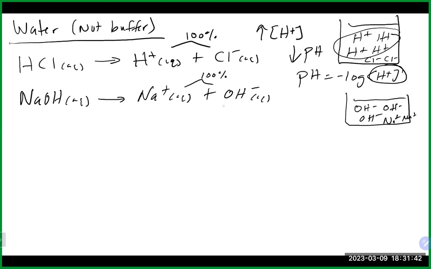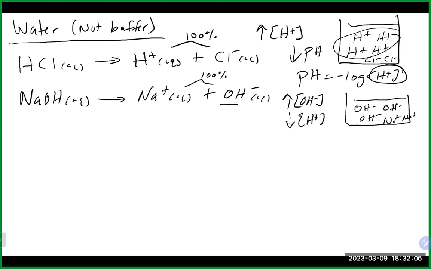And because we put a bunch of hydroxide ions in, that concentration is going to go up. And because hydroxide and H plus are tied to each other, as the hydroxide goes up, the H plus concentration should go down, right? As one goes up, the other goes down.